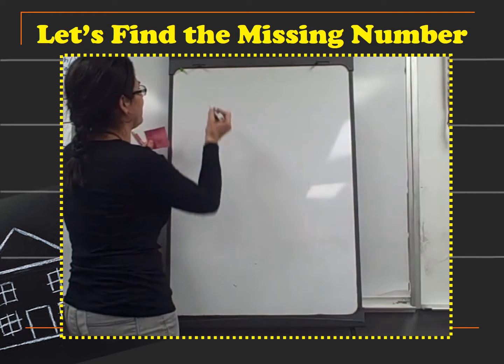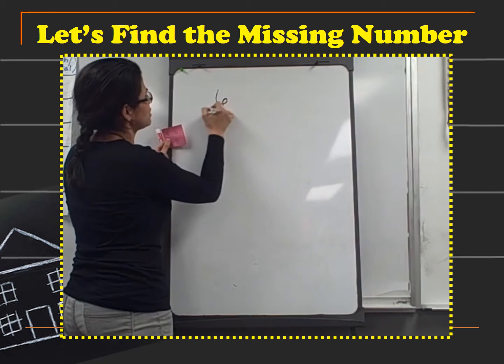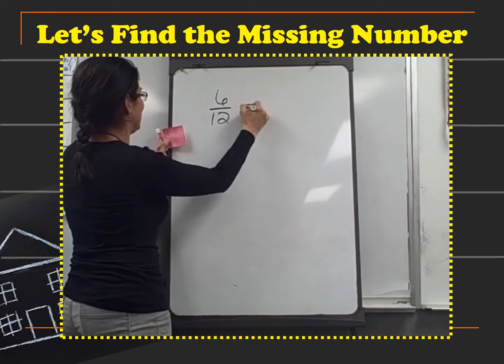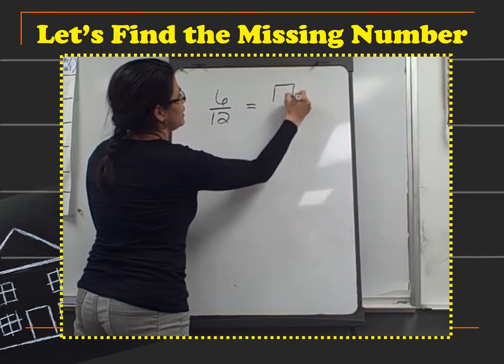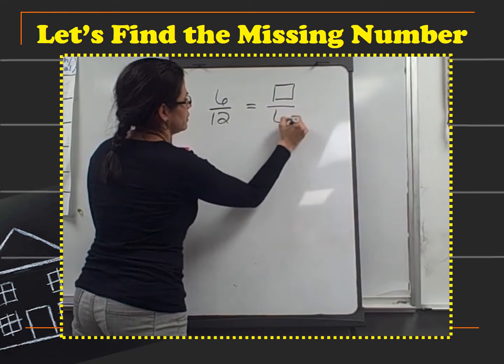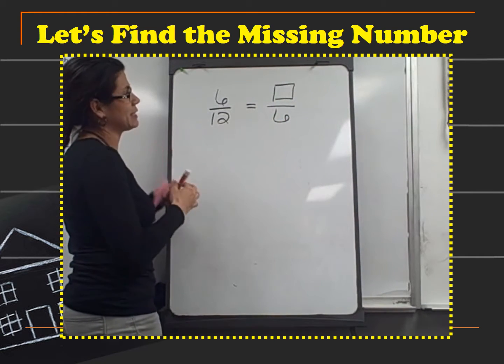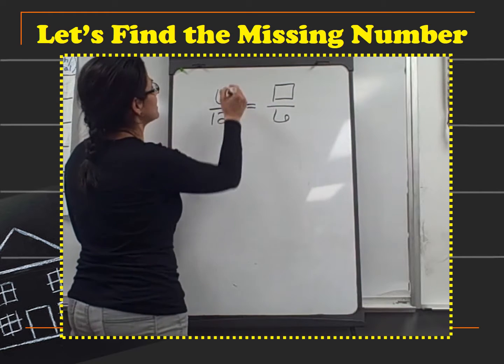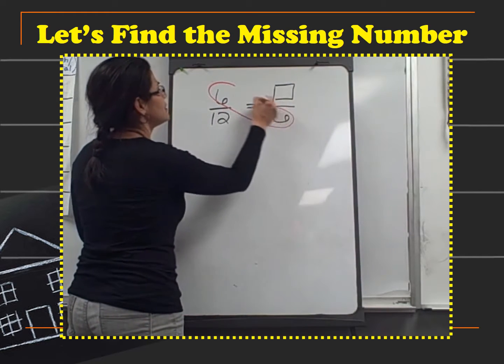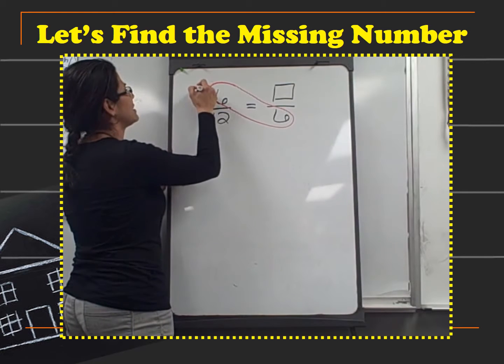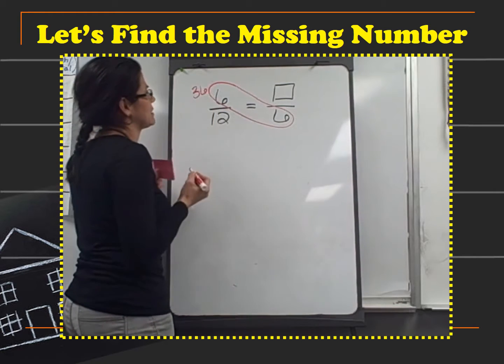Let's say that I give you 6 over 12 equals an unknown number over 6. Okay? All right, so let's look at our rule of cross products. We would multiply 6 times 6 and get 36.